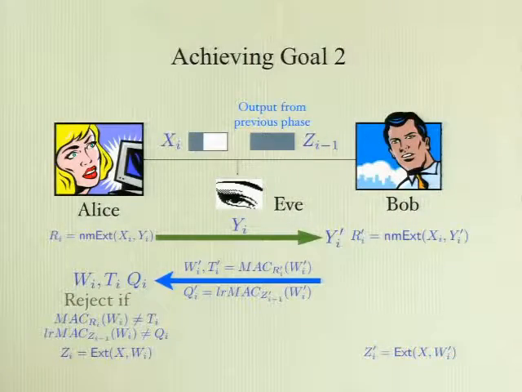And of course, Alice gets some modified version. Then Alice, instead of just checking one MAC, will check both of these MACs, and she will reject if either one of these does not hold. Otherwise, they will compute the output Z_i as before. Now, if you think of it, it's very nice.